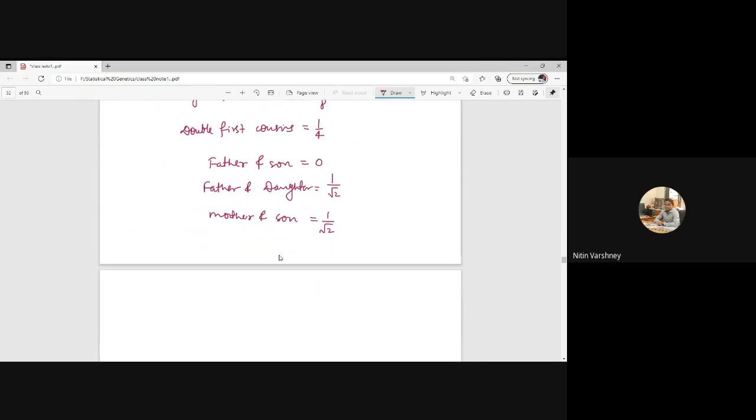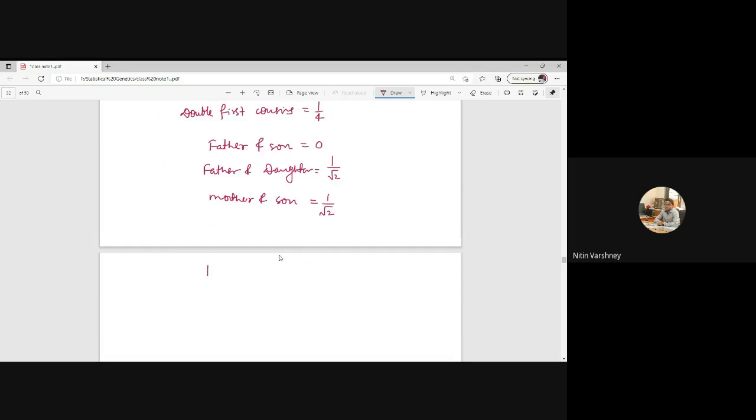Then between parent and offspring, a direct question can come. Parent and offspring, then mother and son, and mother and daughter: this is 1/2. Son and son, or we can say brothers: correlation between brothers is 1/2.